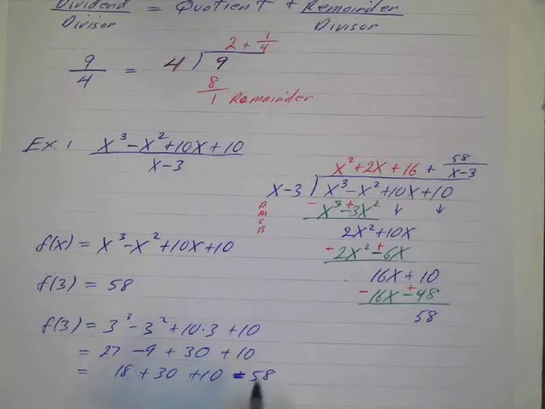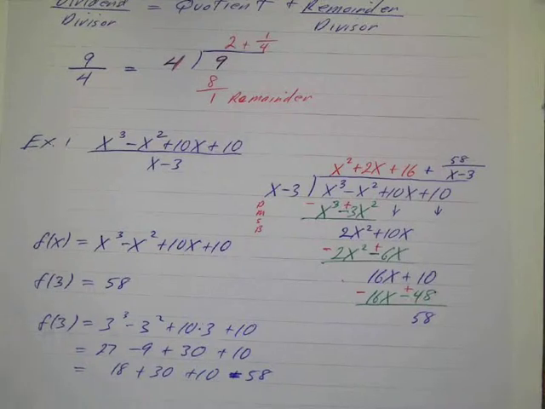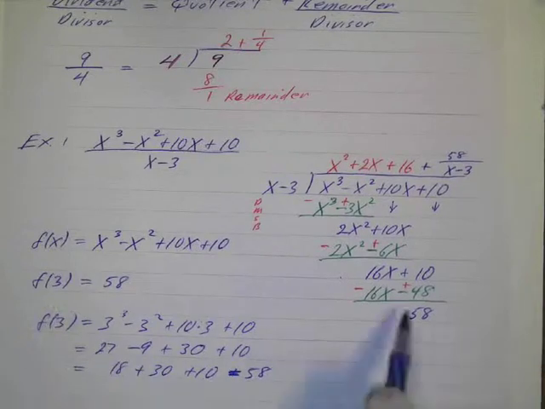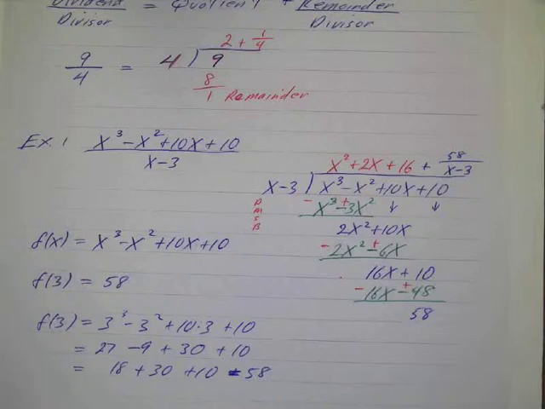That equals 58. All right? So you can see how that remainder theorem works. If we evaluated it, we could do all this, or we could just look at the remainder there. So hopefully that all makes sense.